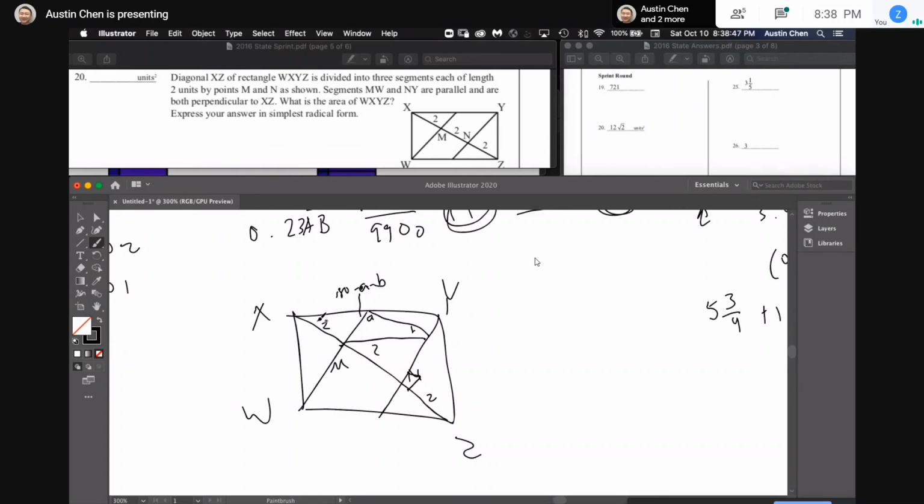Yes. Which means this angle has to be that as well.